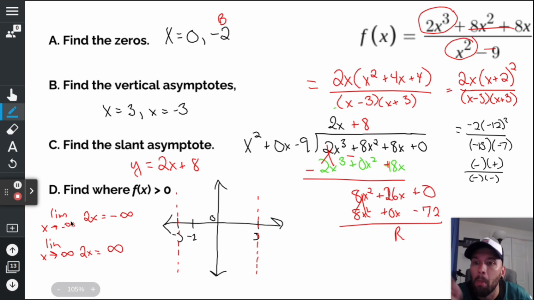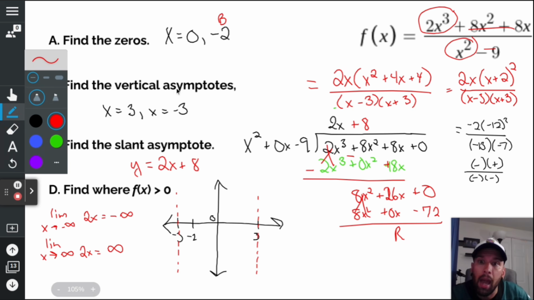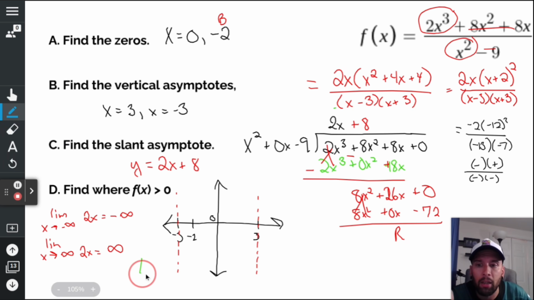Since my limit as x approaches negative infinity is also negative infinity, and I have an asymptote at negative 3, this is going downward. But this also becomes an asymptote. Now at negative 3, I have a regular looking asymptote, no multiplicity.